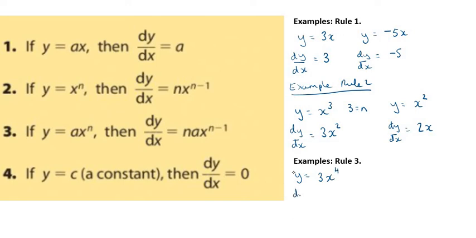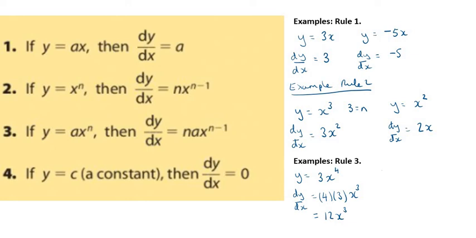Dy dx is equal to n, which is 4 here, times a, which is 3, times x to the power of 4 minus 1. 4 times 3 times x to the power of 4, take away 1, is 3. So it's equal to 12x cubed.